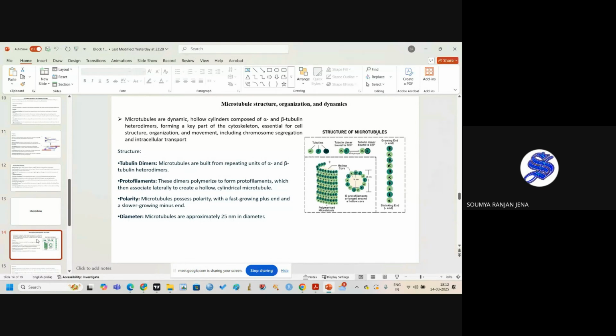This actin polymerization helps in rigor mortis, that is a rigid structure. This forms a rigid structure.